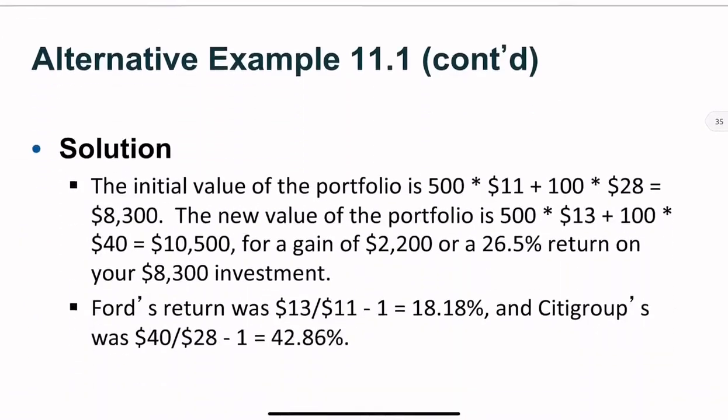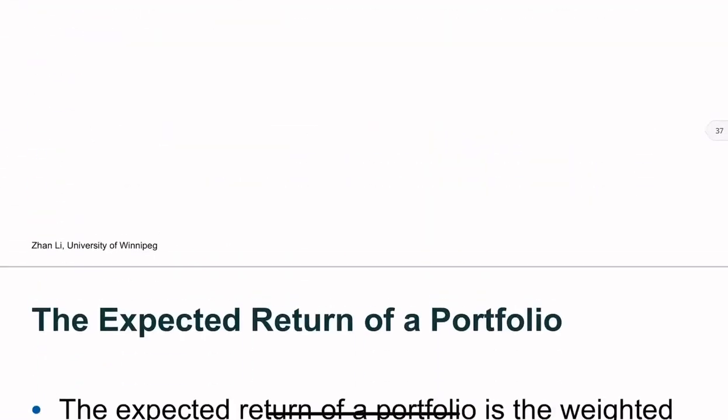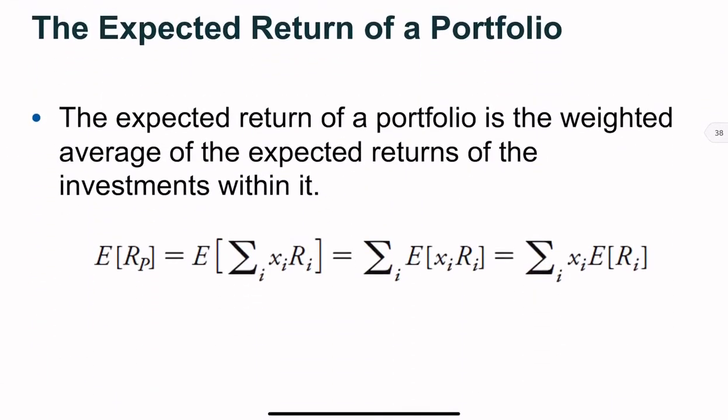So today, let's see what we can do with the so-called portfolio weights, right? So the first useful thing about learning portfolio weight is calculating the expected return of a portfolio.